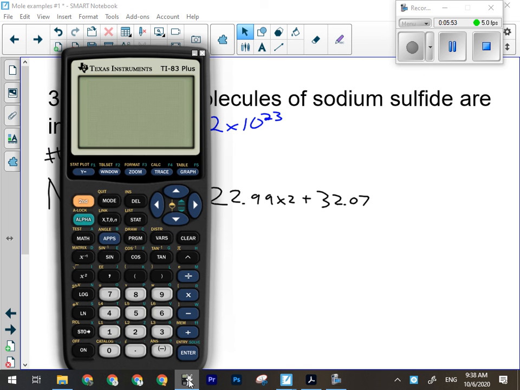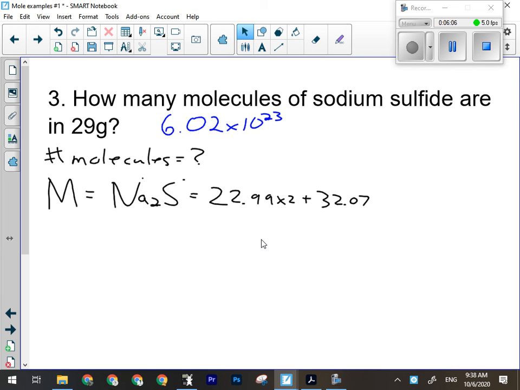So we have 22.99 times 2 plus 32.07. We're looking at 78.05 grams per mole for our molar mass.